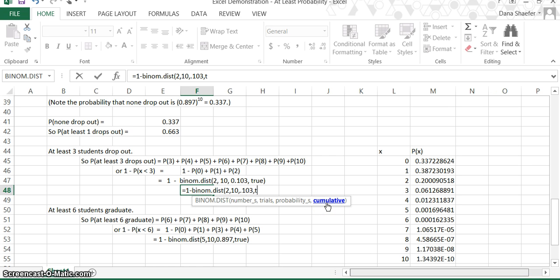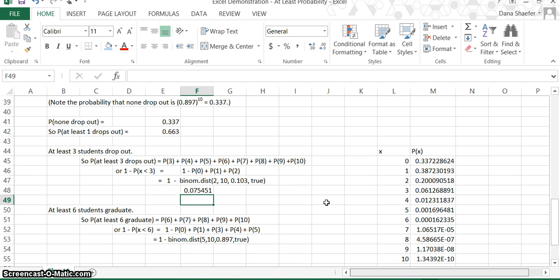So I'll put the word true, and that means it's going to do the cumulative value of 0, 1, and 2. And then when I push enter, I'm going to get 0.075451, rounded to the right decimal places. So we'll round that to 3 decimal points, 0.075. So that's going to be the probability that at least 3 students drop out.